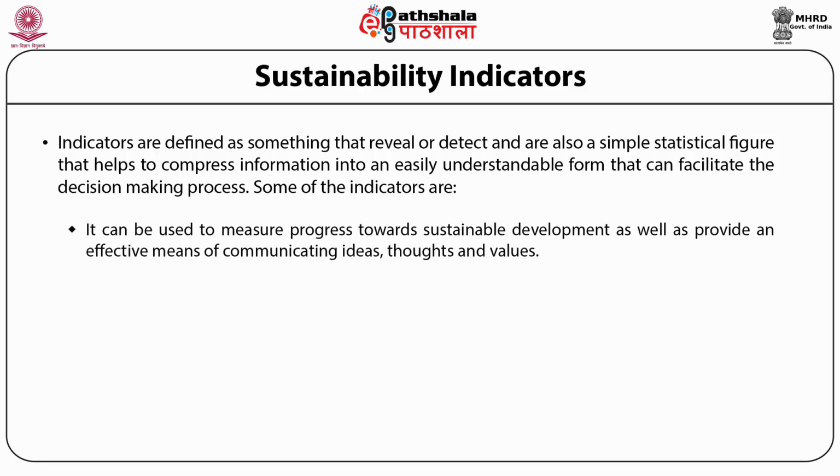It can be used to measure progress towards sustainable development as well as provide an effective means of communicating ideas, thoughts, and values. The Commission on Sustainable Development provided a working list of 134 indicators and the related methodologies.